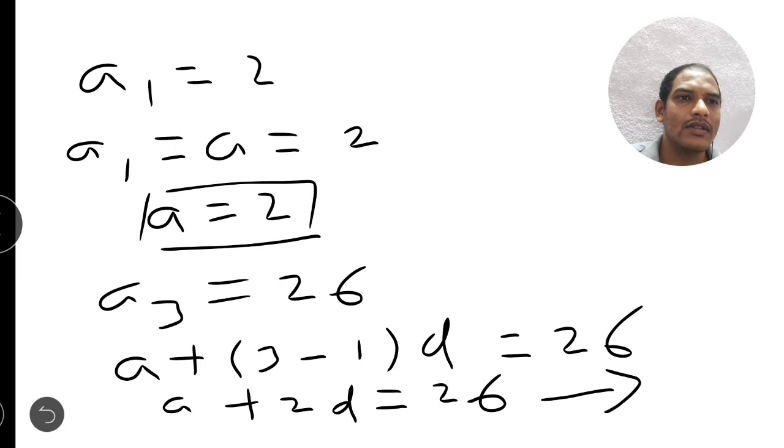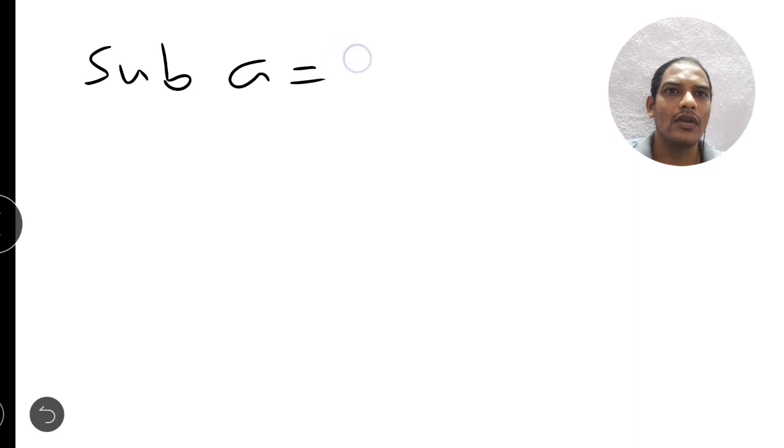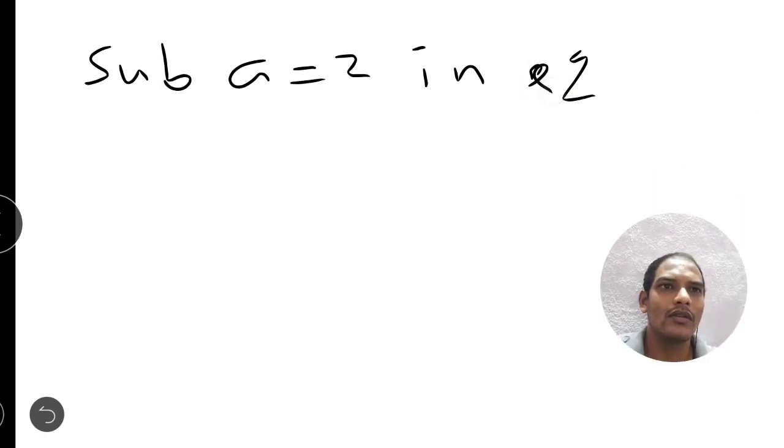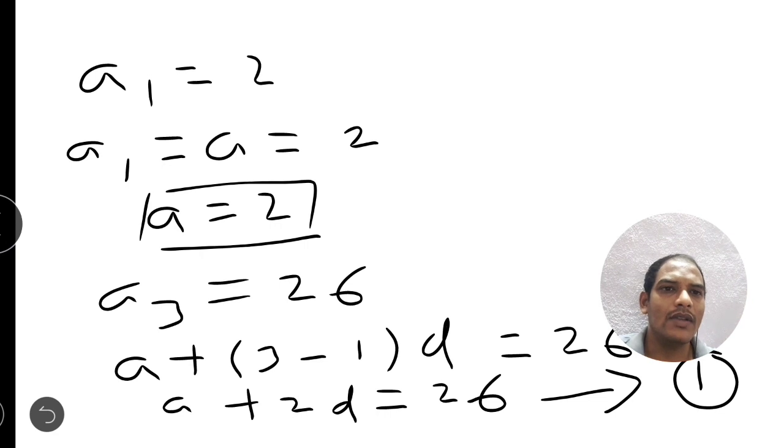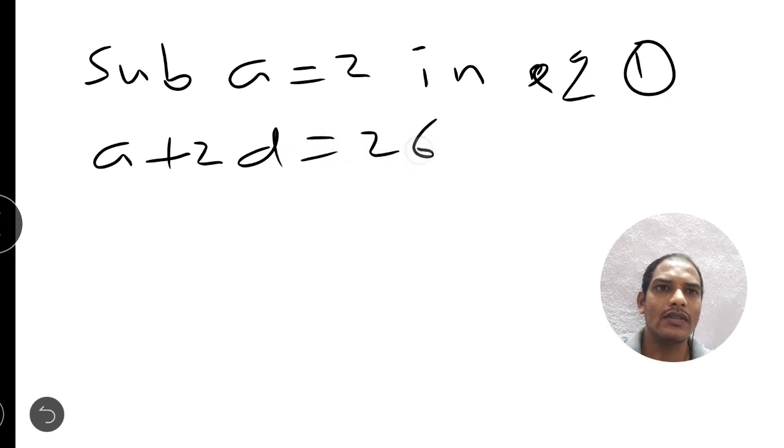So let us take this as equation 1. Now substitute a equals 2 in equation 1. So what is equation 1? a plus 2d equals 26.